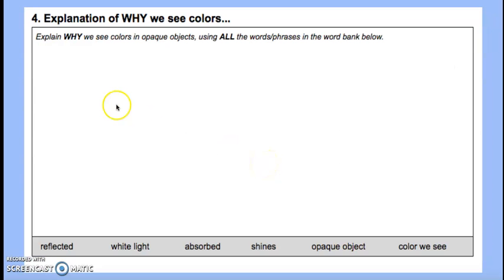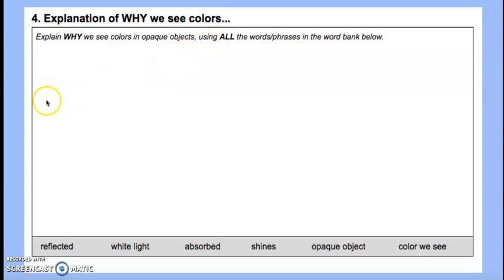Okay, students, finally, you are going to explain why we see color. Explain why we see colors in opaque objects. Use all the words in the word bank below. This is where you're going to want your text pages, page 110. We circled and underlined some things. You have to explain why we see color in opaque objects.